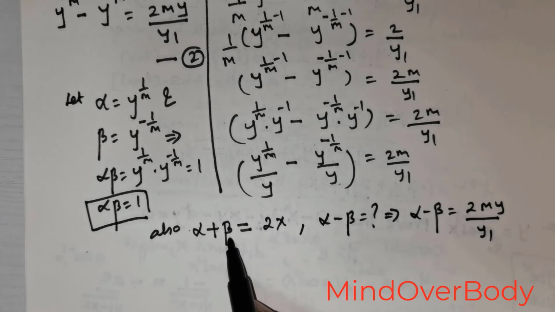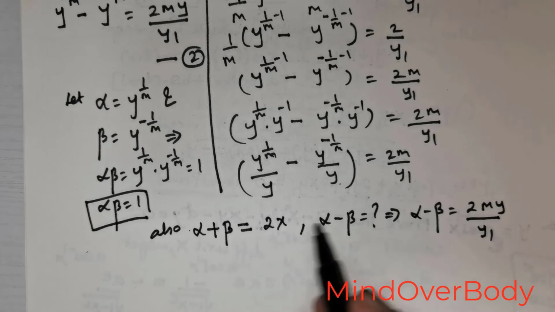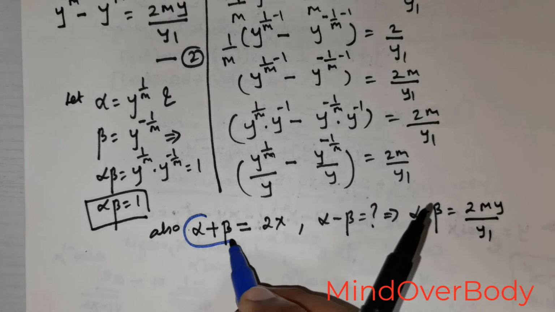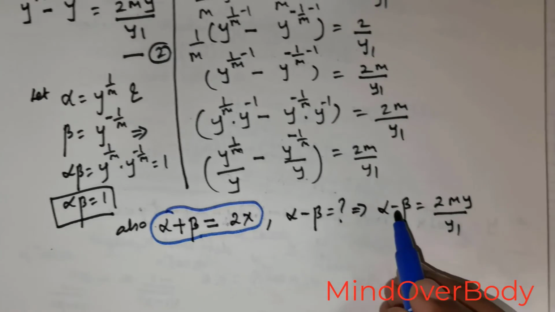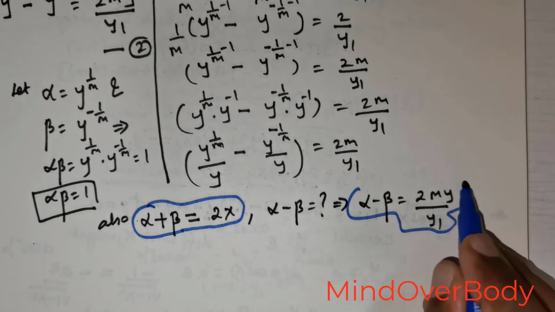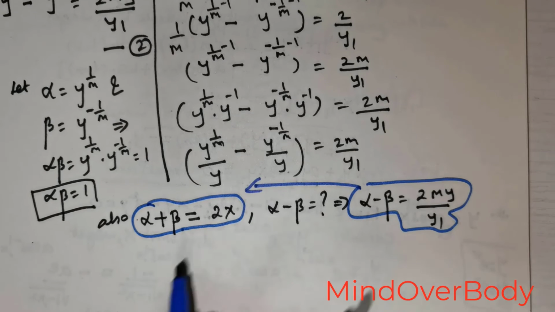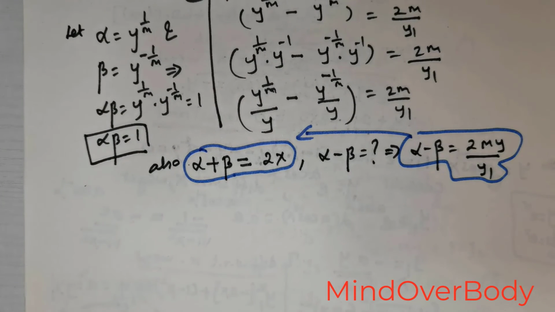So I got alpha plus beta and alpha minus beta. Now the question is, how are we going to connect these two quantities? The problem is solved if we can connect these two. And there comes to our help algebra.